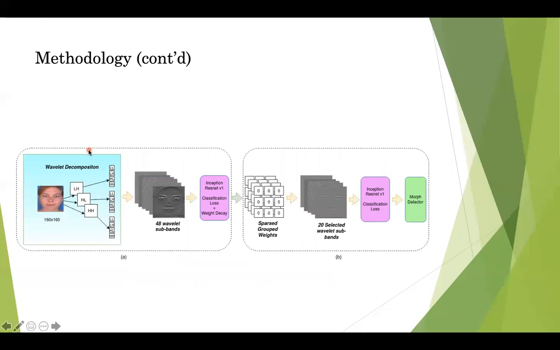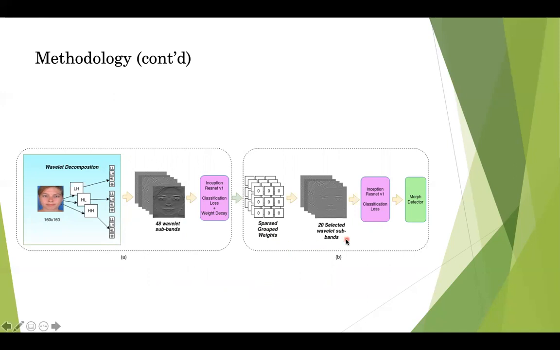Our methodology is summarized in this figure, which shows that 48 wavelet subbands are fed into a deep neural network, which has a group sparsity constraint on the weights of the first convolutional layer.